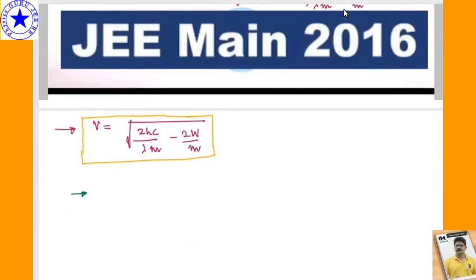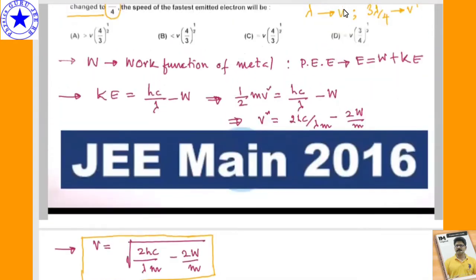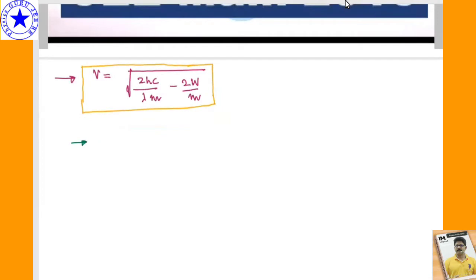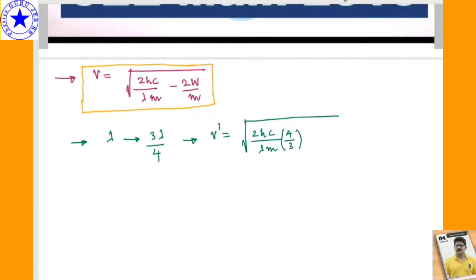Now, substituting into the kinetic energy half mv square, if lambda is changed to 3 lambda by 4, the speed of the fastest electron emitted can be written as v dash equals under root of 2hc divided by lambda m into 4 by 3 minus 2W by m.